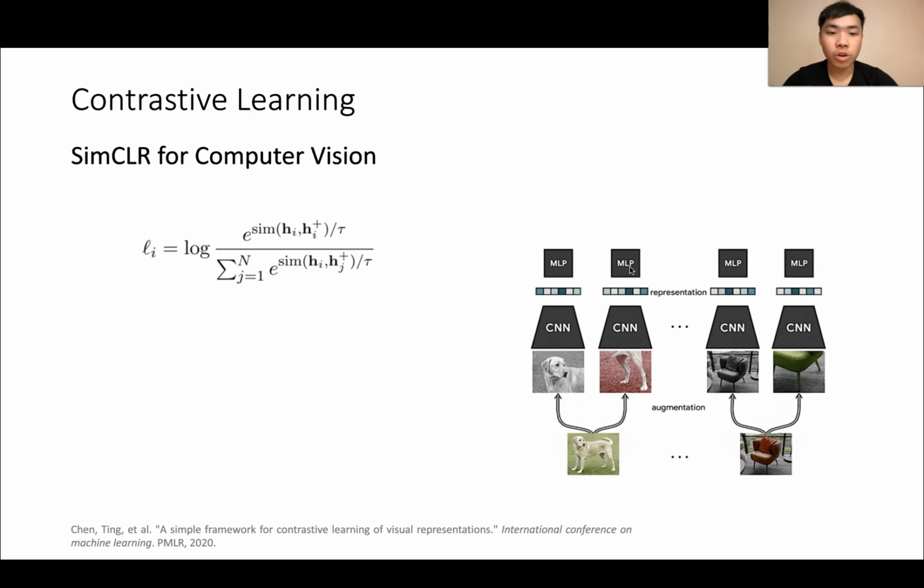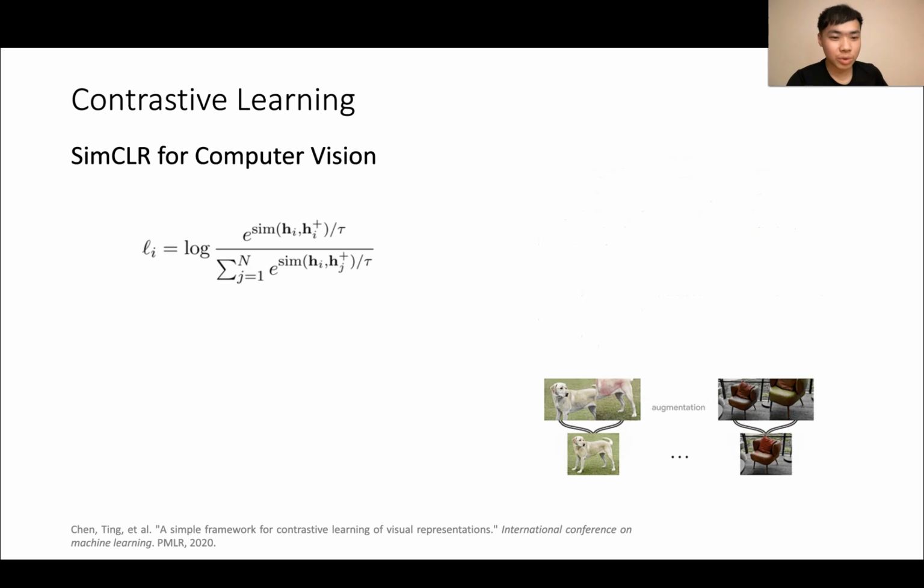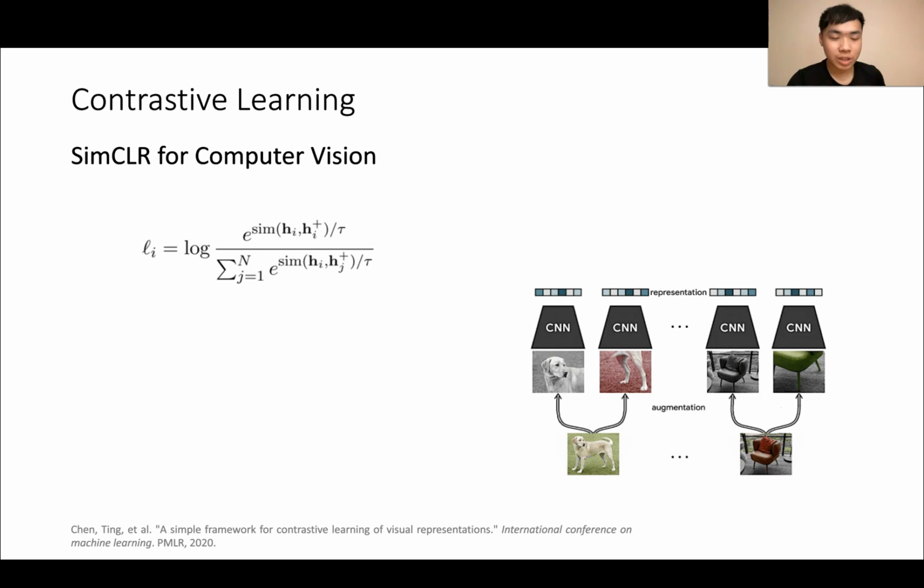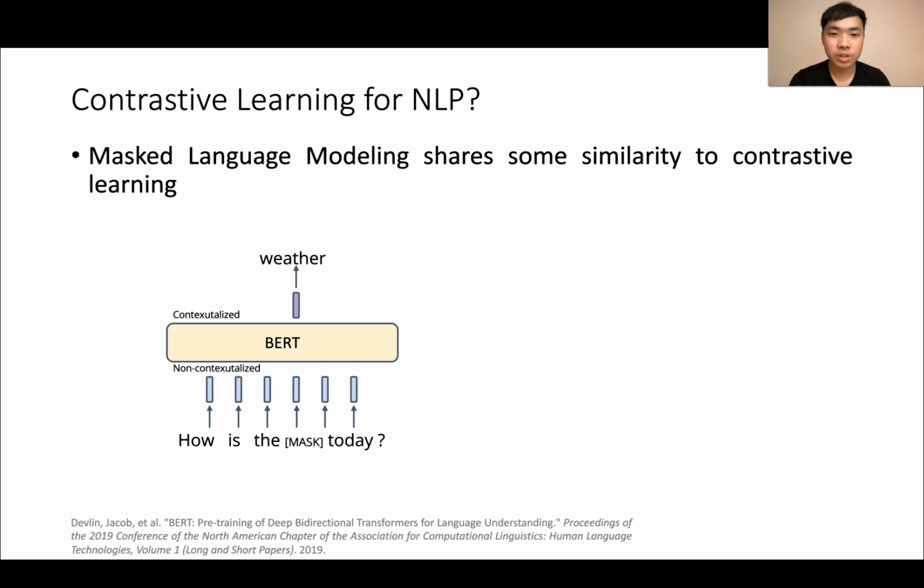However, in NLP, contrastive learning is not as popular as it is in computer vision. One possible reason is that people have actually been using ideas similar to contrastive learning for NLP, but we don't call them contrastive learning.